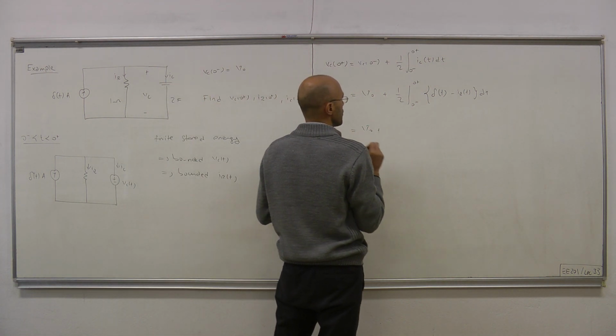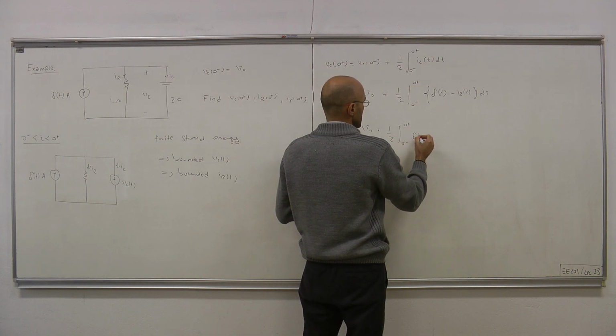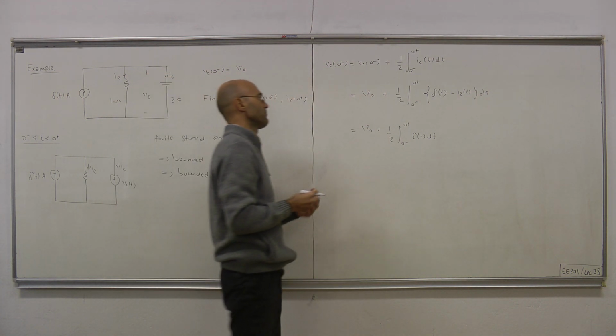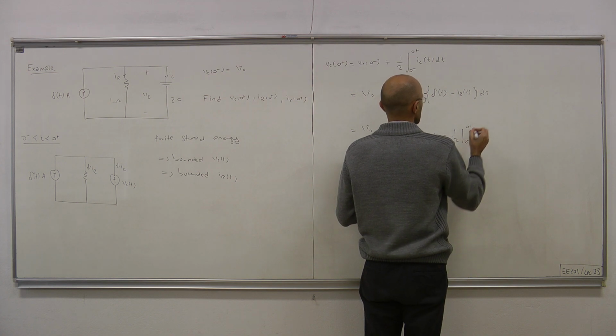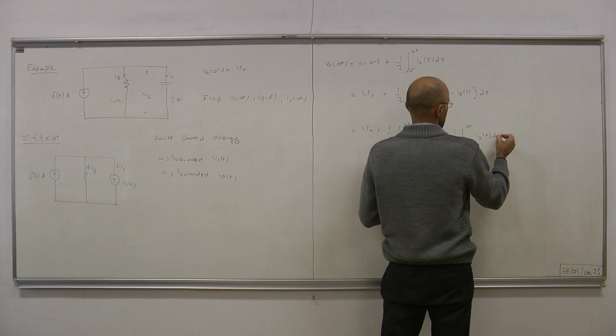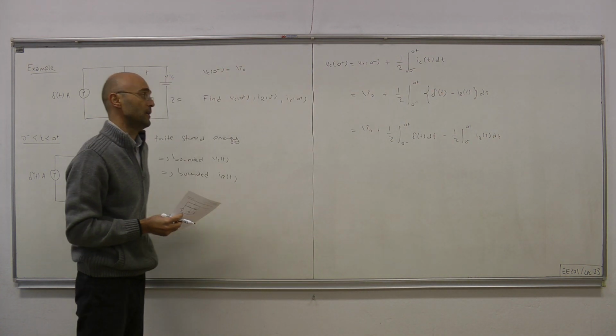We have the constant term, 1/2, integral from 0- to 0+ of δ(t) dt, and minus 1/2, integral from 0- to 0+ of iR(t) dt. And iR(t), we don't know exactly what it is.